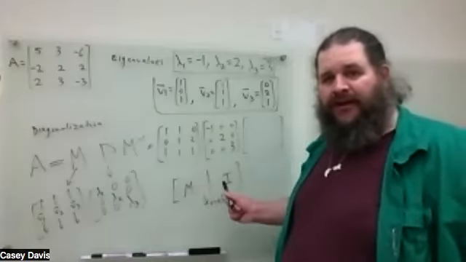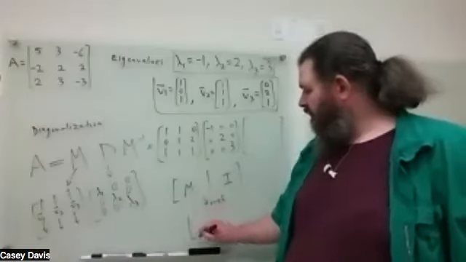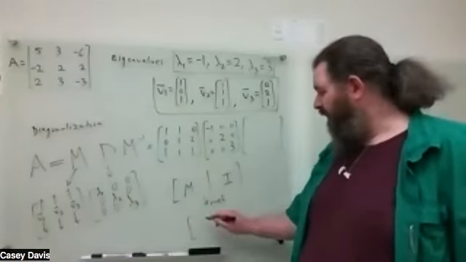Yeah, exactly. Augment with the identity, row reduce. The left side ideally should turn all the way into the identity matrix.